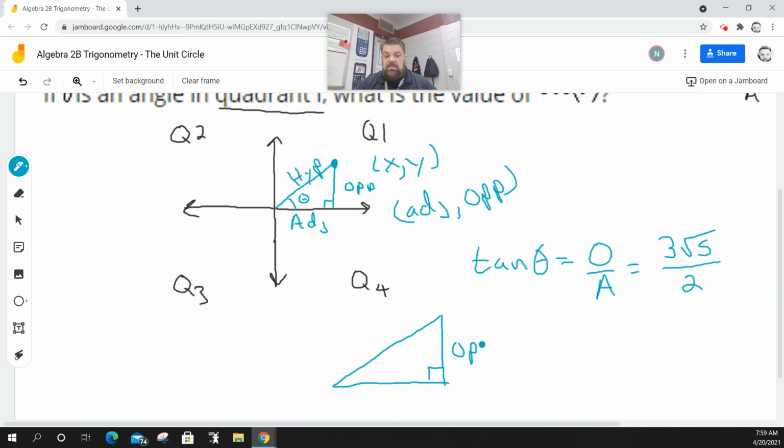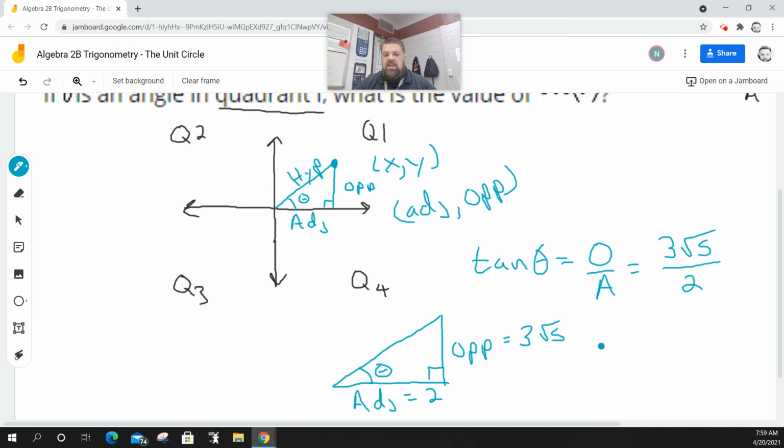Then my opposite is equal to, now there's some simplification and some math that's going on here. That's okay. I'm just going to take the top part and say 3 root 5. Then my adjacent, which is down here, that's equal to 2. And then I have my theta, which is right here.